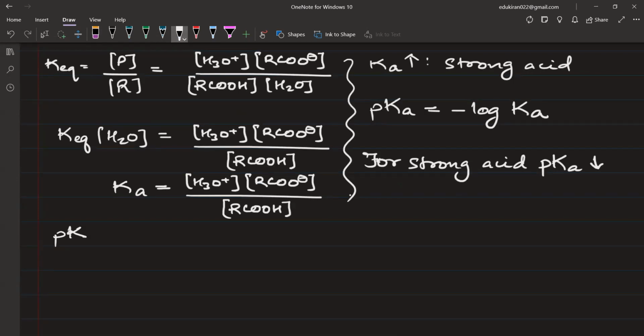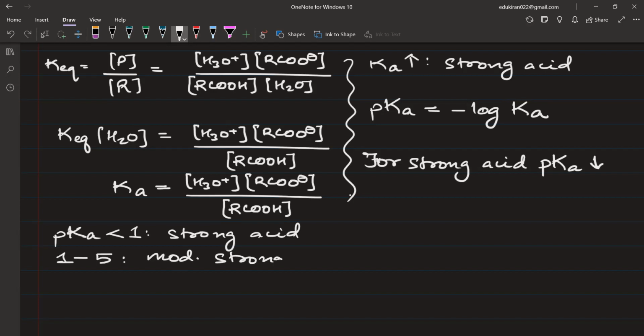When you have pKa that is less than 1, it is a strong acid, and quite strong acid. When you have pKa that ranges between 1 to 5, this is moderately strong acid.